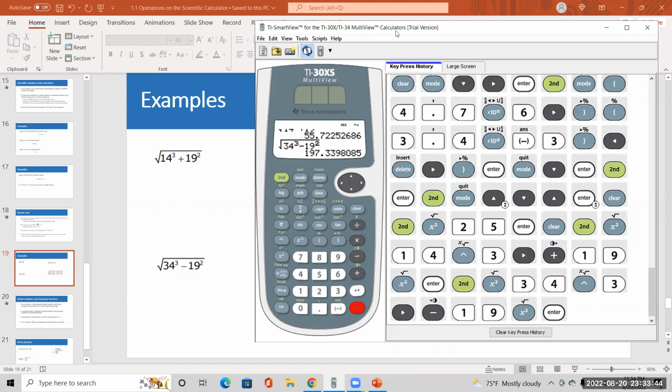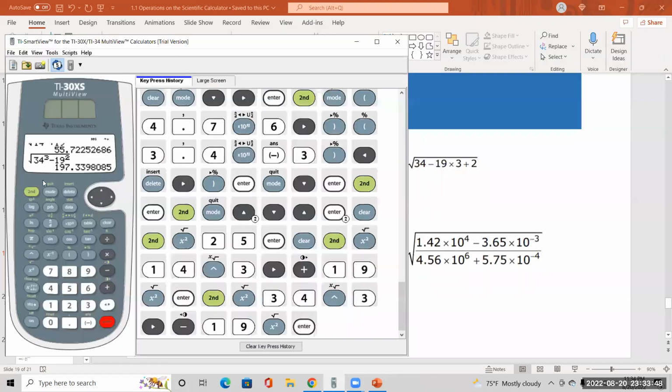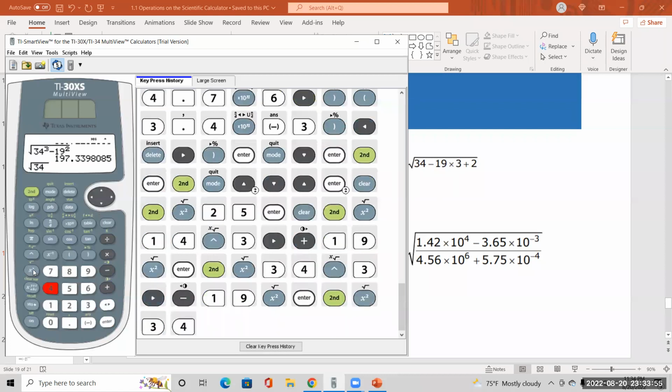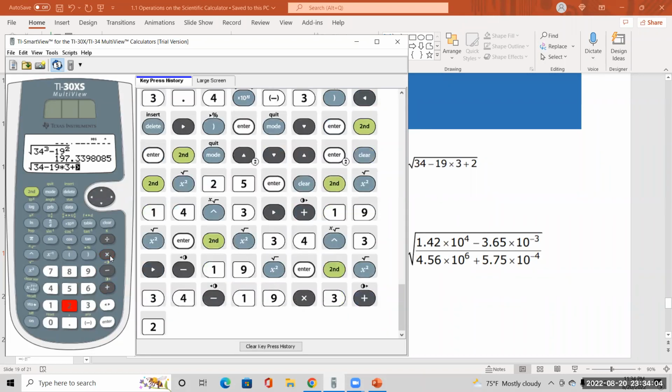Now for our next one, let's see, we are going to have the square root of 34 minus 19 times 3 plus 2. When we press enter, it's going to yell at us. Tells us, hey, you have a domain error. That usually means in this class that you've put a negative somewhere that it can't be.